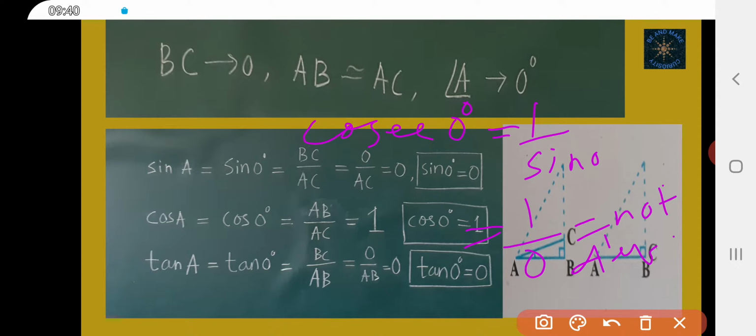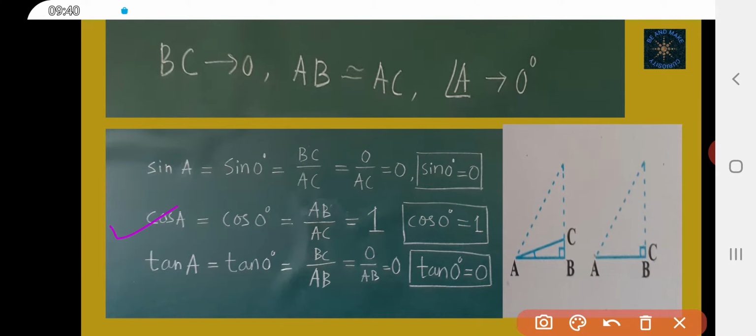So cosec 0 degree is equal to not defined. Then you find sec 0 degree, that is equal to reciprocal of cos 0 degree, that is 1 by cos 0 degree, that is equal to 1 by 1, so sec 0 degree is equal to 1.